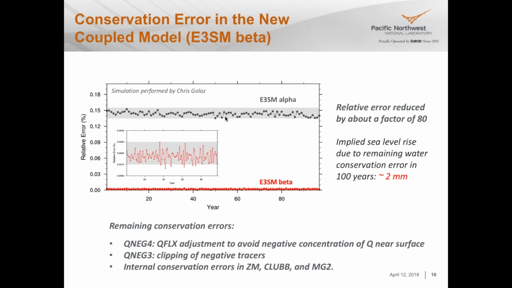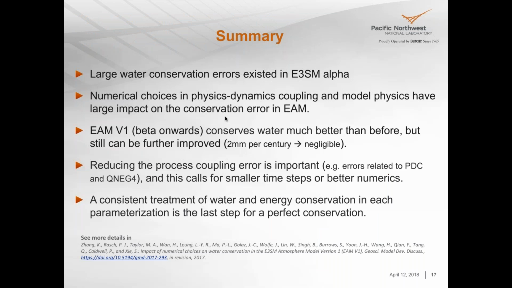As I said, there are some remaining conservation errors, Q3, Q4, and internal errors, and these can be fixed in future versions. So to summarize, next page. We found that conservation error existed in the E3SM alpha version, and the numerical choices in the physics-dynamics coupling and model physics have a very large impact on the conservation errors in the model.